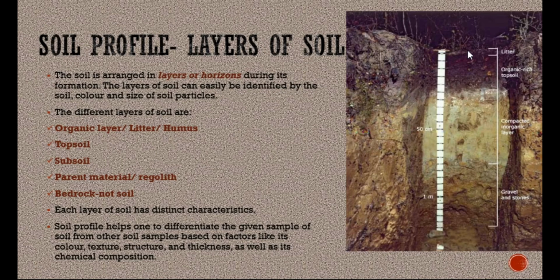Beneath the organic layer is a layer called the topsoil. Remember that the word organic means anything that is obtained from living things and that can be broken down, decomposed, and go back into the soil without leaving any trace of it.